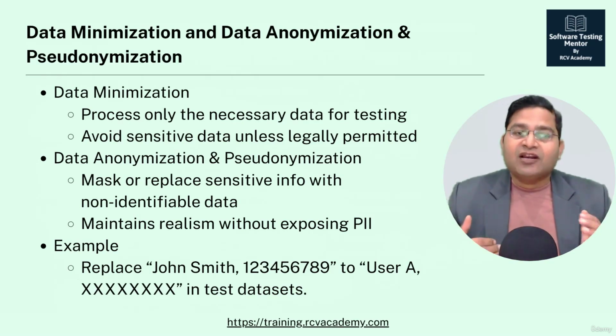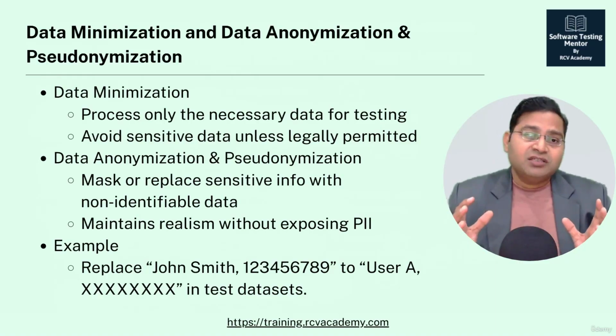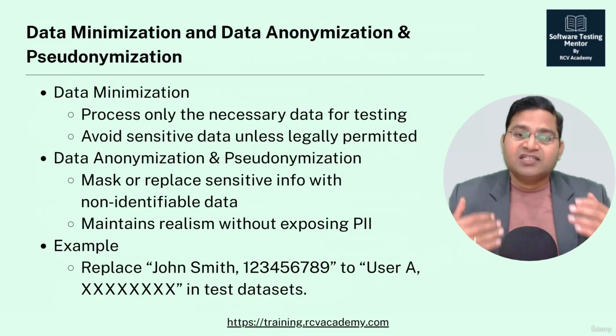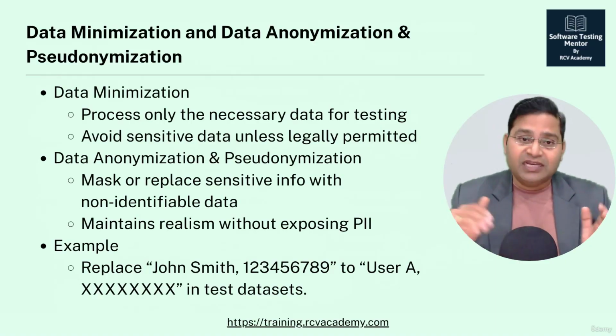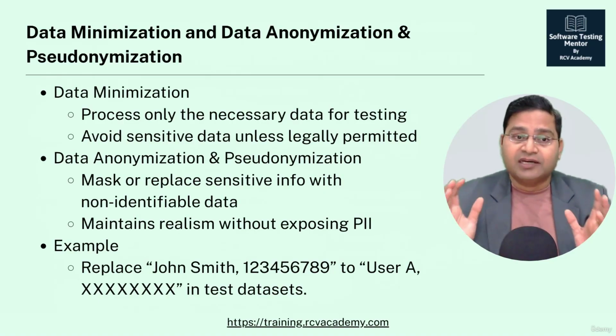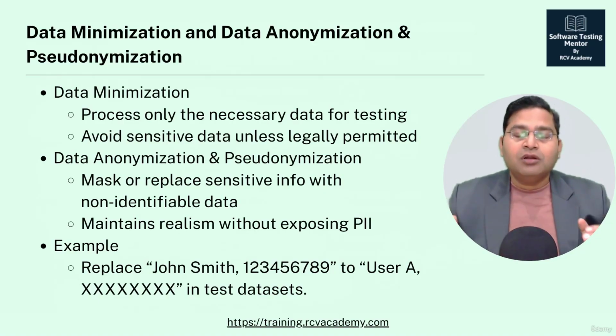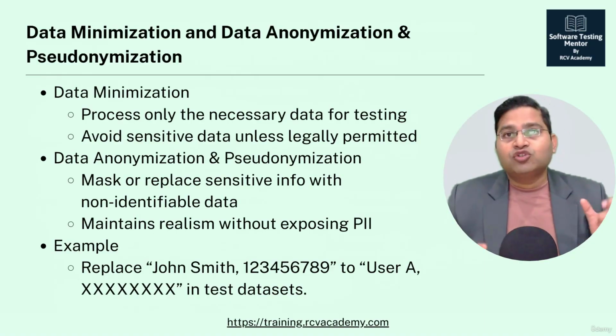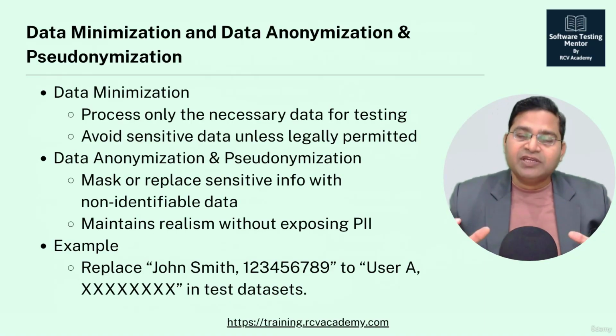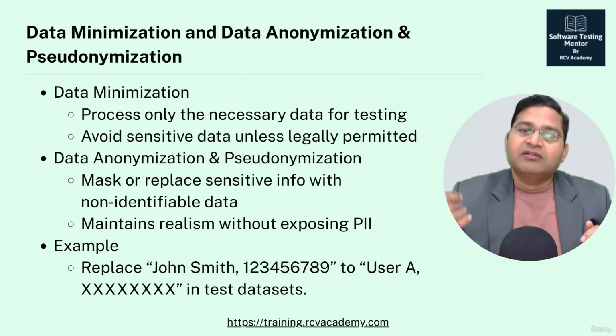Then you have data anonymization and pseudonymization. Anonymization is all about masking or replacing sensitive information with non-identifiable data. The customer name, email, and address should not be identifiable. They should be masked, or replaced with something that cannot be recognized or identified as a real customer.